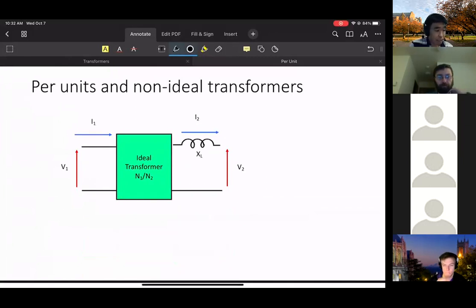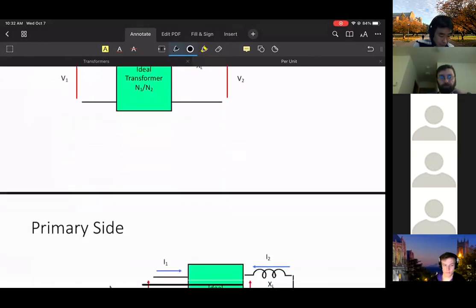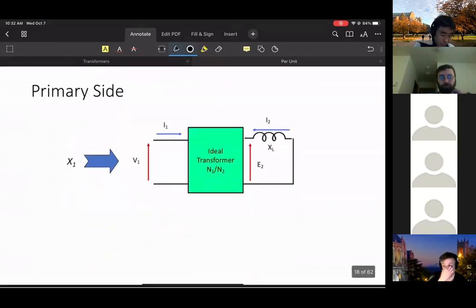Now let's say I have some load XL on the secondary side, across the ideal transformer. What happens when we do a per unit analysis? The thing we need to ask first is which side we're looking at this from. Let's say we're looking from the primary side.